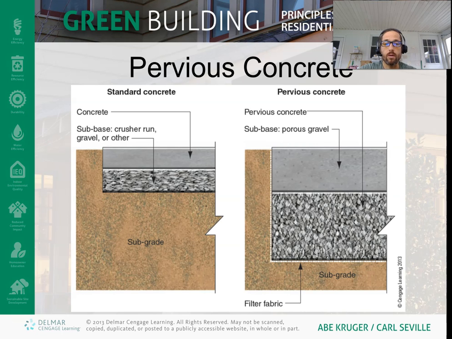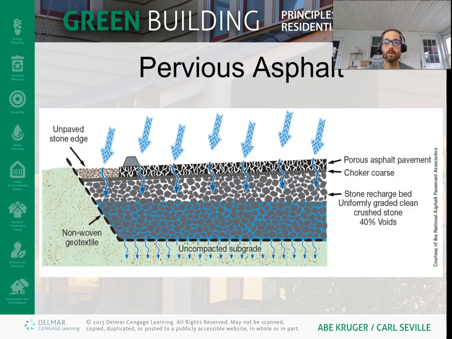You'll see in the book and in videos that you have to put gravel underneath it, so it gives it a place to hold the water, and then it slowly absorbs back into the soil. This is an image of pervious asphalt. It drains through the asphalt, and then eventually drains into the water table.